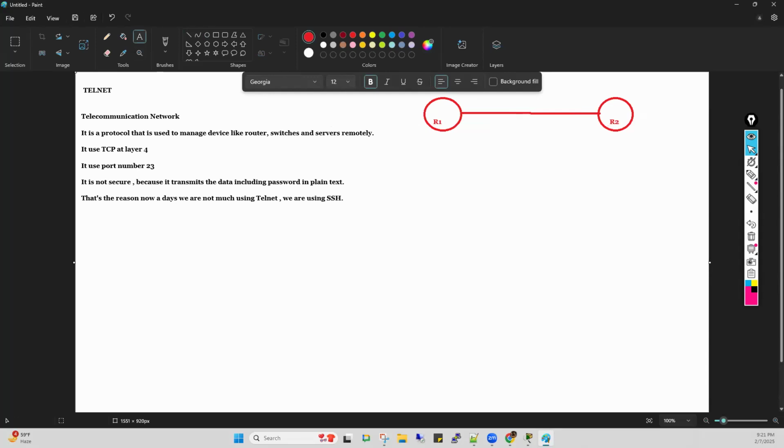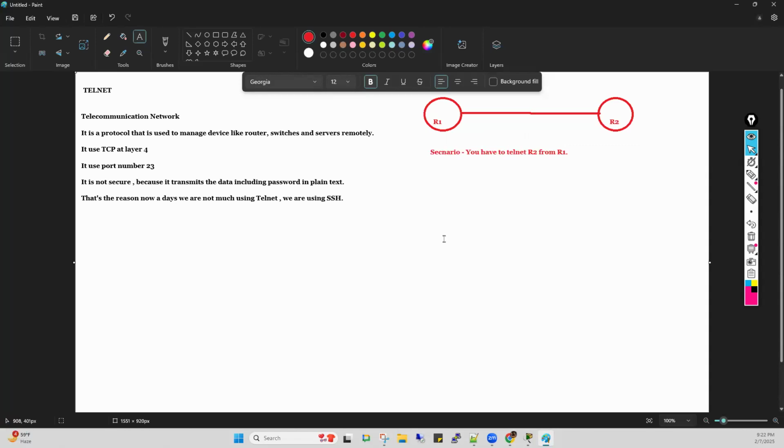Now I am giving you one scenario, or you can say a task. The scenario is you have to telnet R2 from R1. This is your task.